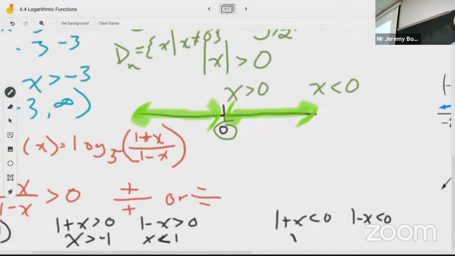Here we get x is less than -1, and we'll get x is greater than 1. Is that possible? Is it possible for x to be less than -1 and also greater than 1?